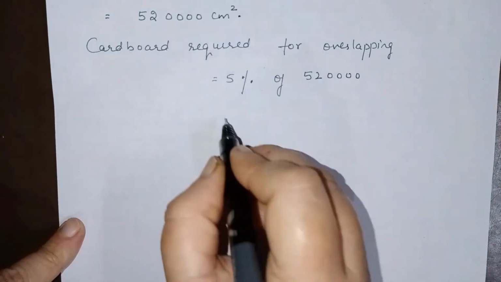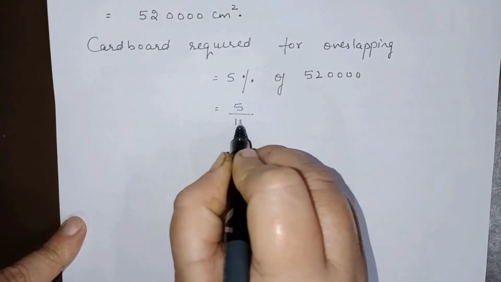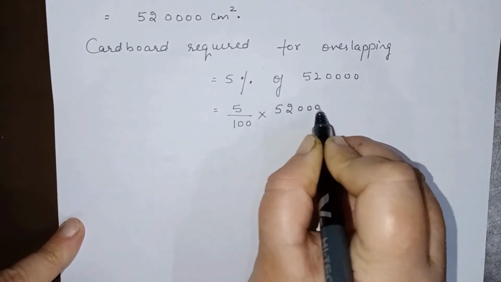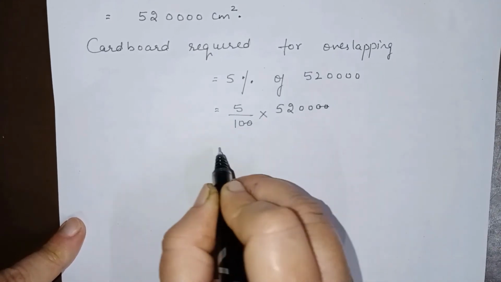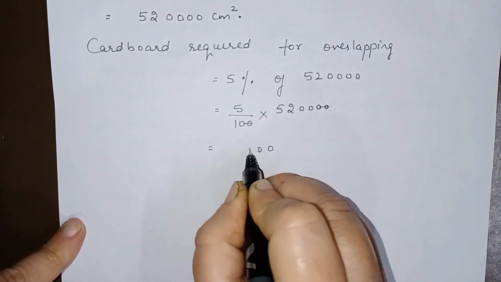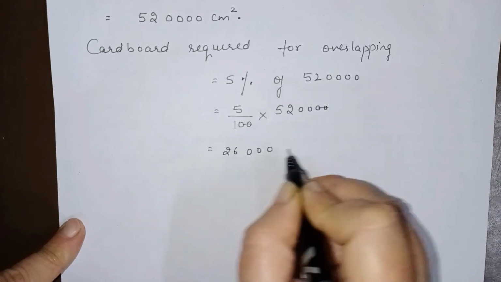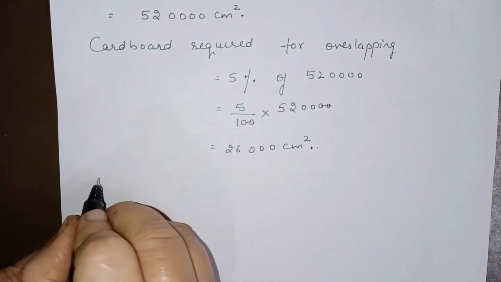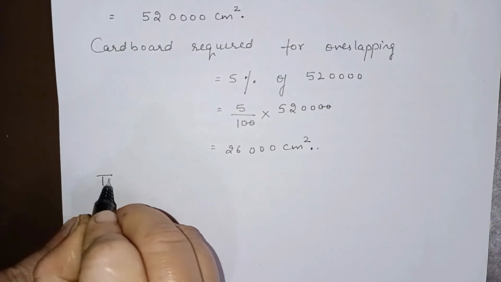That is, this is the total surface area. So 5 over 100 multiplied by 520,000. So this will be equal to 26,000 centimeter square.